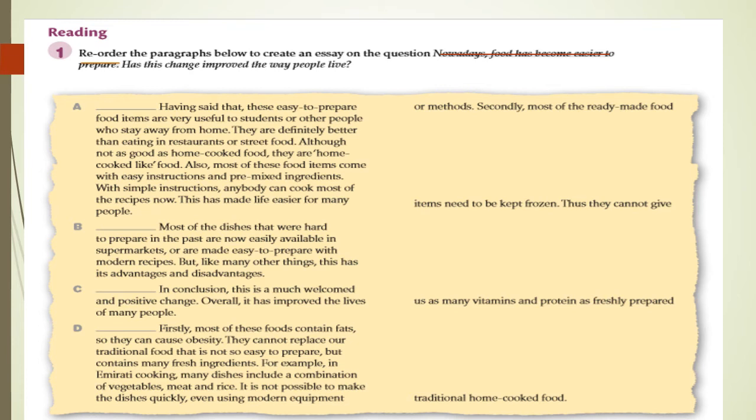It is not possible to make the dishes quickly, even using modern equipment or methods. Secondly, most of the ready-made food items need to be kept frozen, thus they cannot give us as many vitamins and protein as freshly prepared traditional home cooked food.